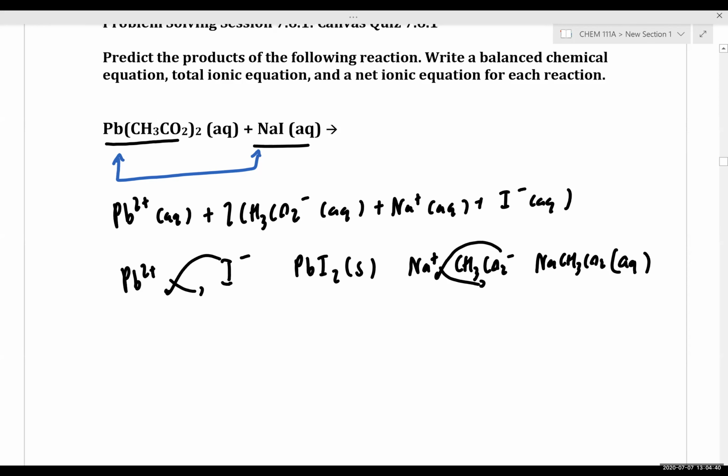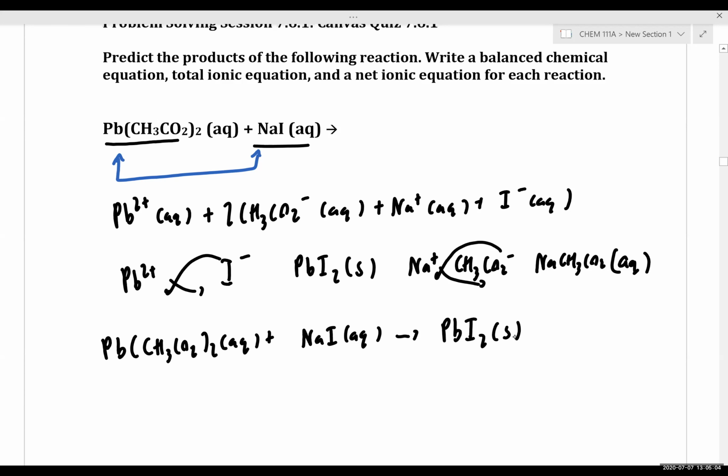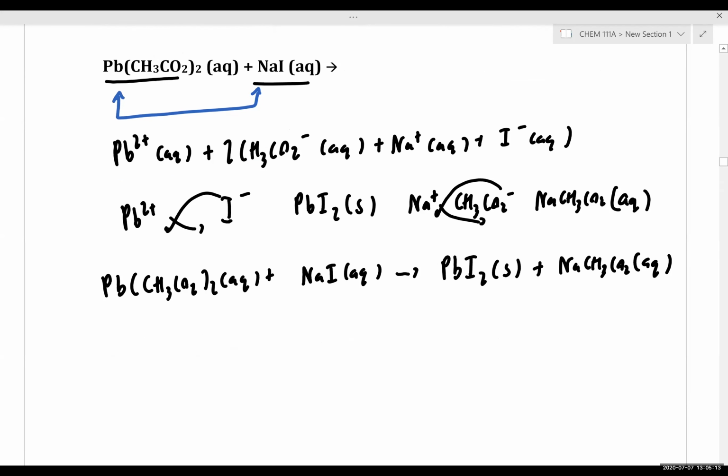Soluble, so it gets an aqueous symbol. So we have as our preliminary reaction, lead acetate aqueous plus sodium iodide aqueous leads to lead iodide solid plus sodium acetate aqueous.